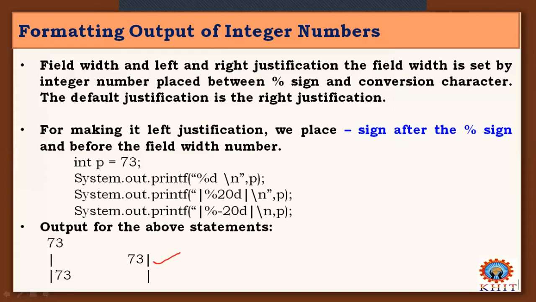So to make this right justification, we use this, but when we want to make this left justification, use a minus sign here, so it displays like this. So this is the usage of formatting using the printf method.